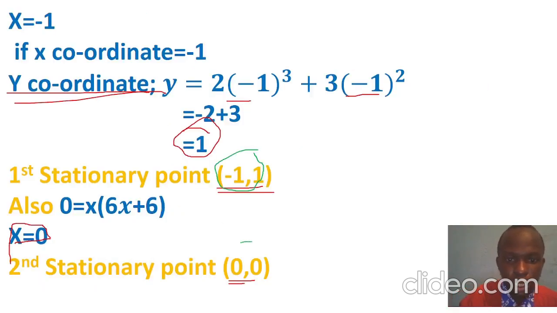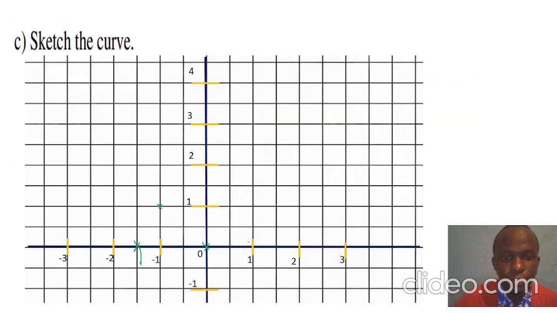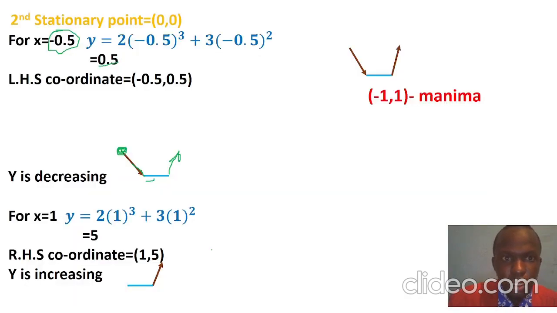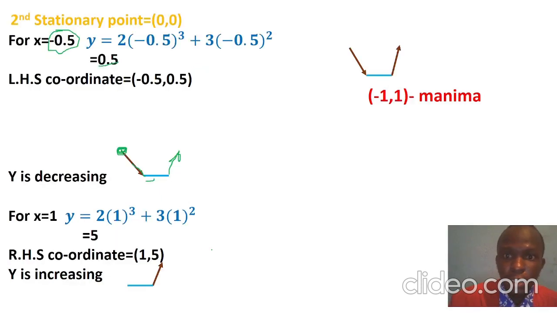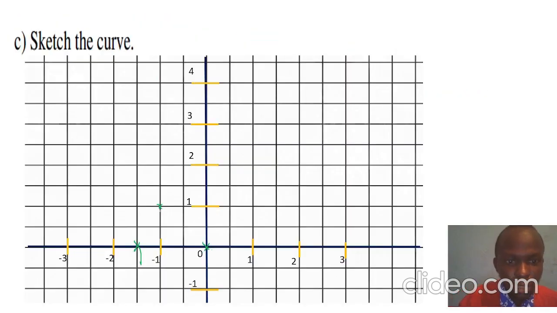This one here, 0, 0, is the next stationary point. What is the nature of the turning points? This negative 1, 1 is a maxima, so that means that it is coming this way.